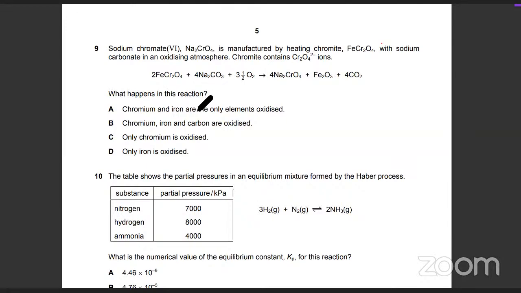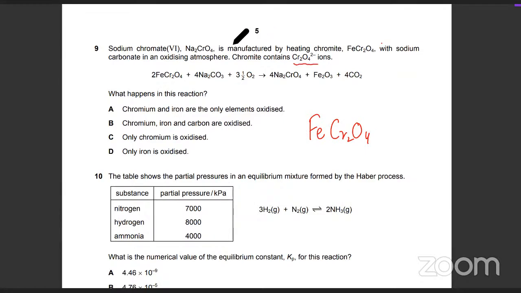So chromium and iron are the only elements that are oxidized. Can you tell the oxidation state? This is the formula FeCr2O4, and he's already told you that Cr2O4 has a 2 minus charge.